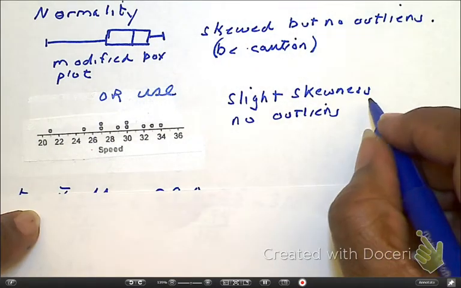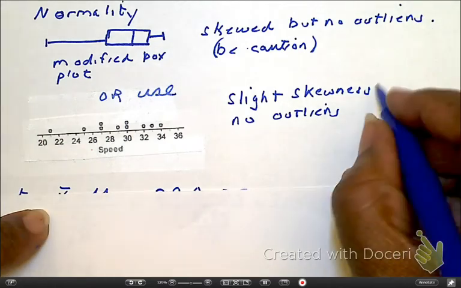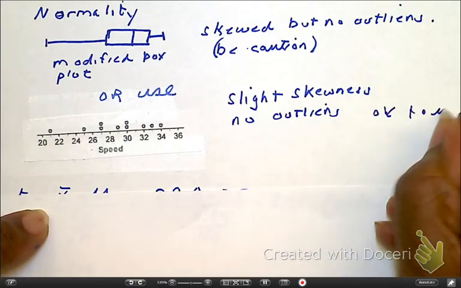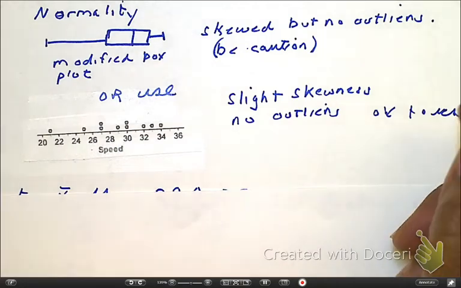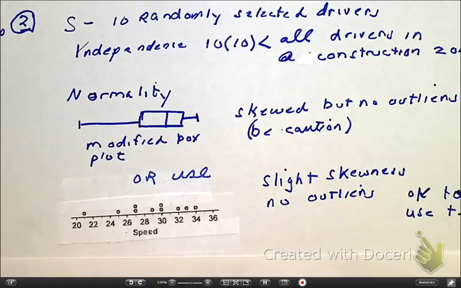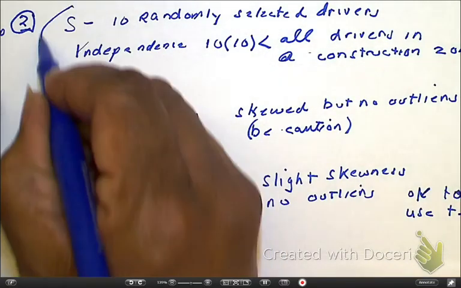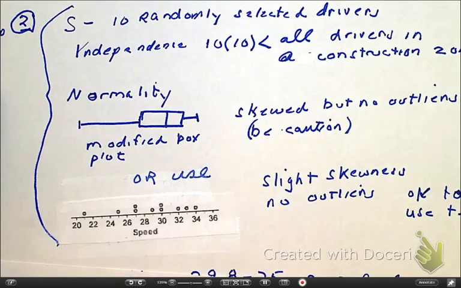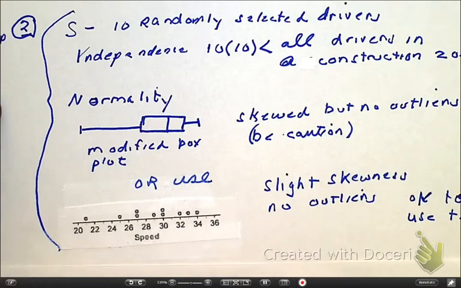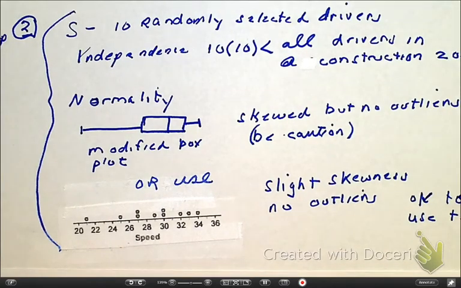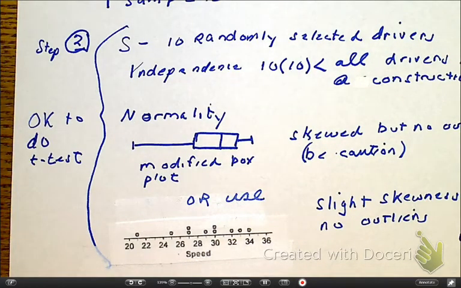So let's make a note of this, okay to use t procedure. Because all of the SINs have been looked at, it's okay to continue with the test procedure. So okay to use my t-test.